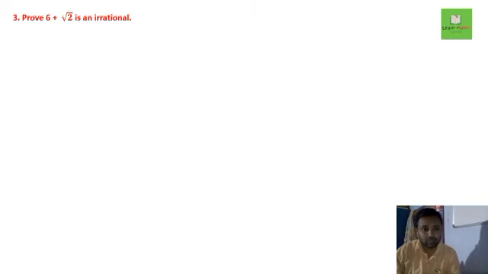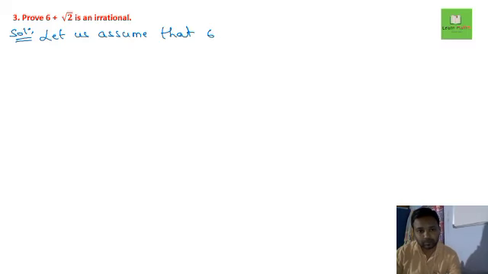To prove 6 plus root 2 is an irrational number, again the same contradiction method I am going to take up. First of all, I will assume the given number is a rational number. Let us assume that 6 plus root 2 is rational.